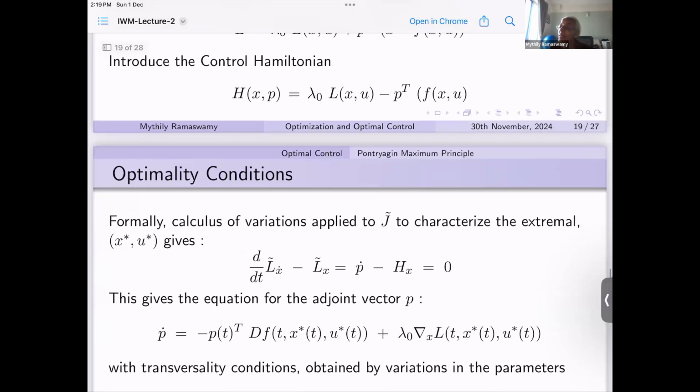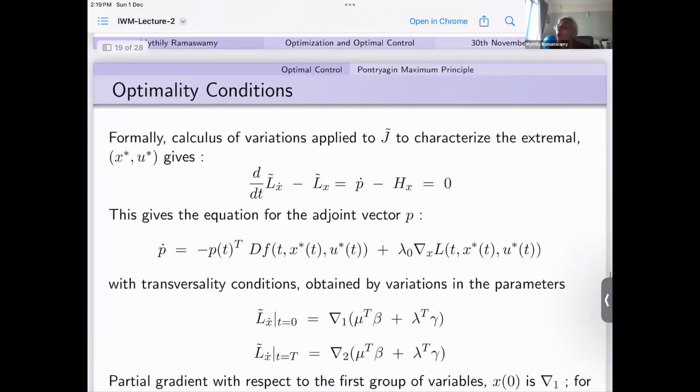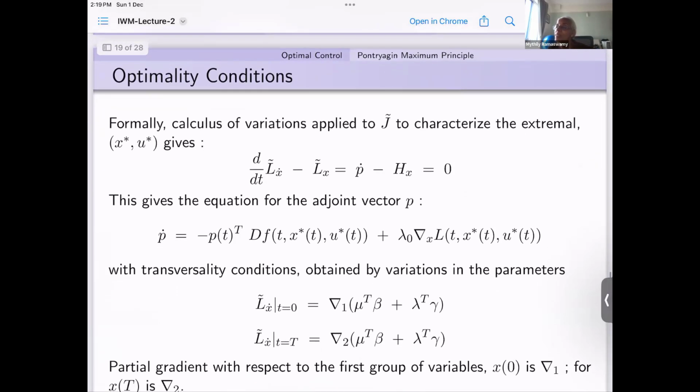Now the optimality conditions. If you formally write down what the calculus of variations applied to J tilde gives you, that will give you d by dt of L tilde differentiated with respect to the argument x dot, all this evaluated at the optimal point x tilde, minus L tilde differentiated with respect to the argument x. So that is what we have to calculate.